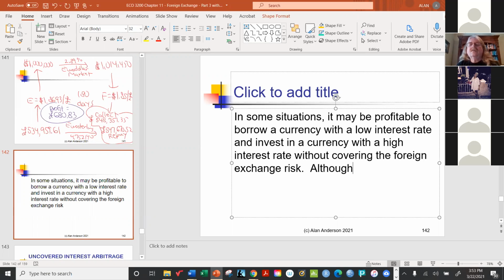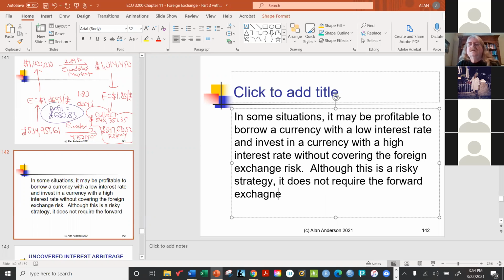Although this is a risky strategy, it does not require the forward exchange rate to be misaligned with the spot exchange rate.